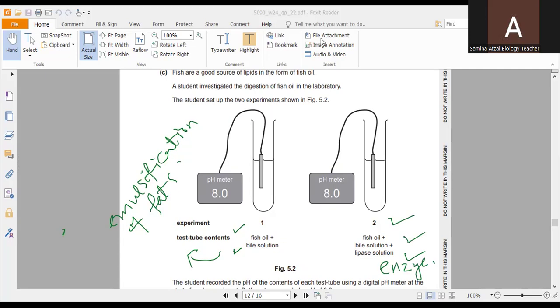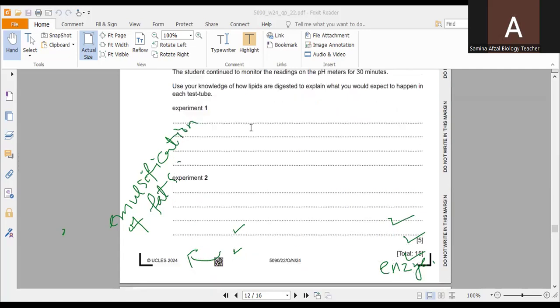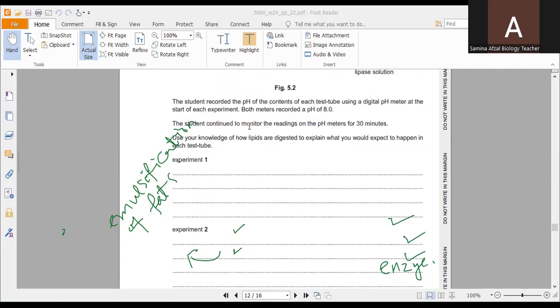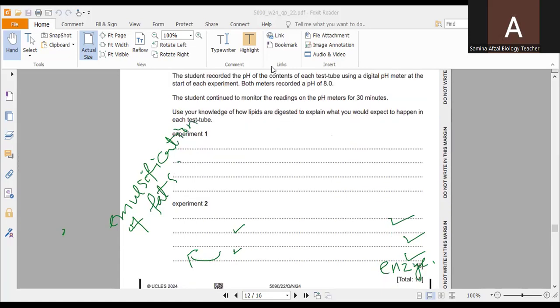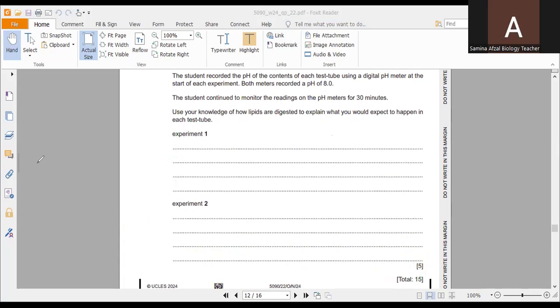Now moving towards the question and the answer. The student recorded the pH of the contents of each test tube using a digital pH meter. At the start of each experiment, both meters recorded a pH of 8. The student continued to monitor these readings for 30 minutes.